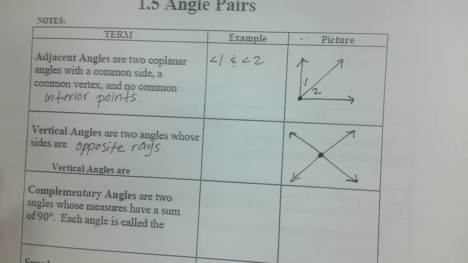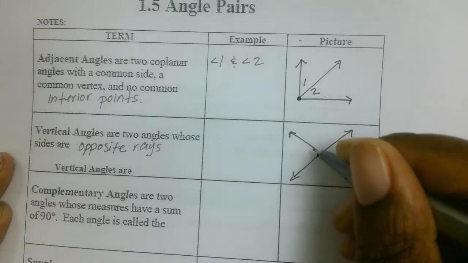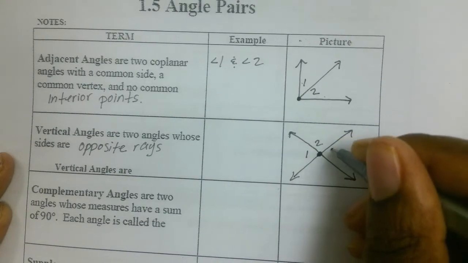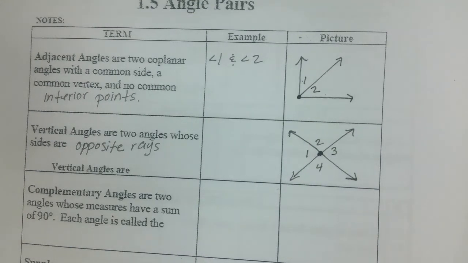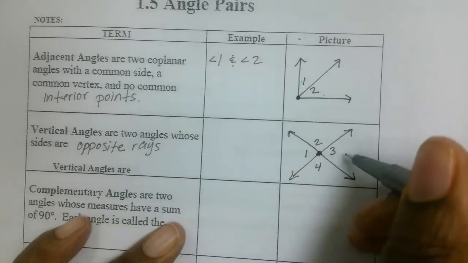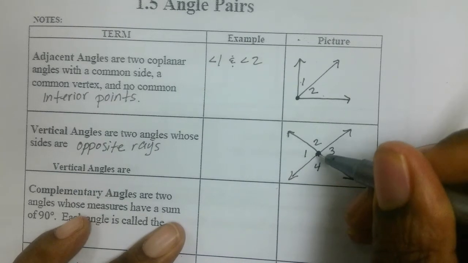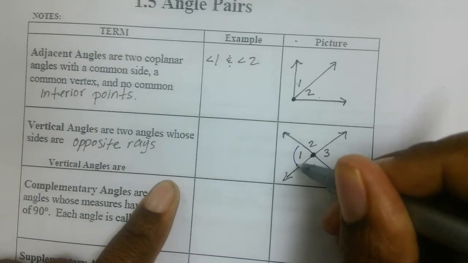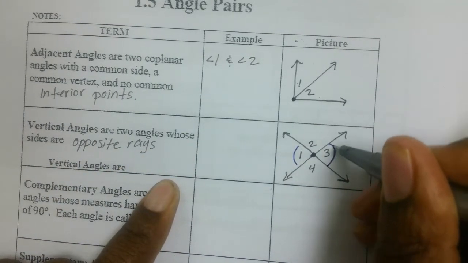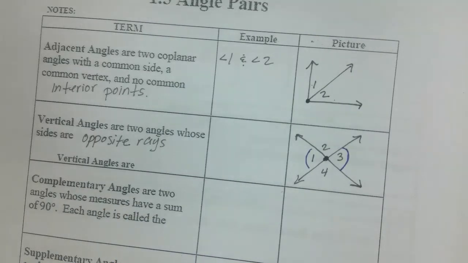If I name the four angles that are created here 1, 2, 3, and 4, my vertical angles will be the angles that are right across from each other, whose sides are opposite rays. So angle 1 and angle 3 are vertical angles.